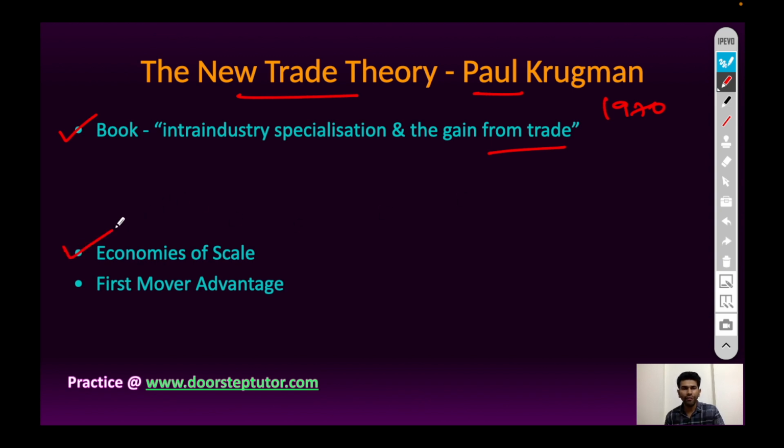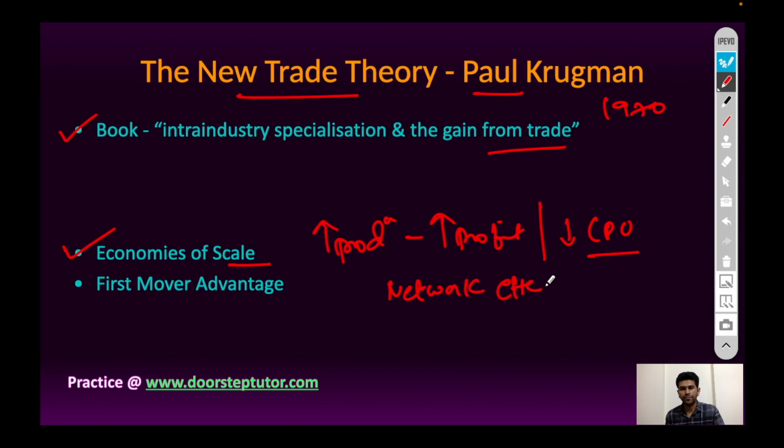So there are two benefits. Economies of scale can be achieved by increasing production because it increases the supply and ultimately profit, and it will reduce cost of production per unit. Next benefit is network effect. It means value of goods increases when users increase.